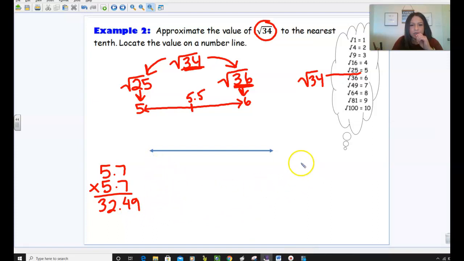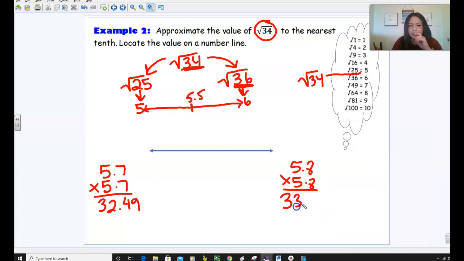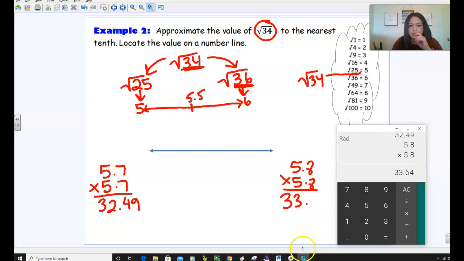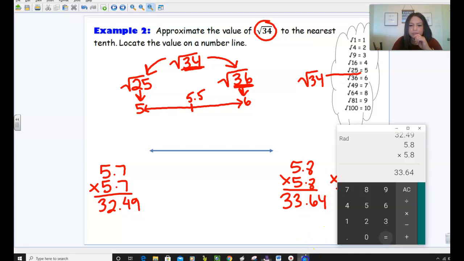So I'm going to keep going. 5.8 times 5.8 is 33.64. Too low. I need to keep going. 5.9 times 5.9 equals 34.81.